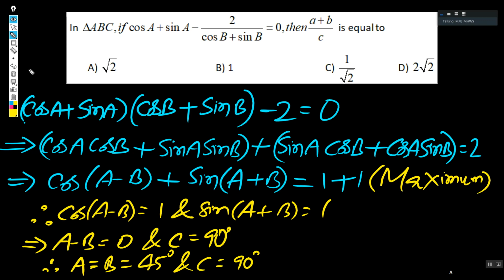Root 2, it is done. Now you know the values. Root 2 is the answer, right? No, from this itself we can say, but by 2 will be there.